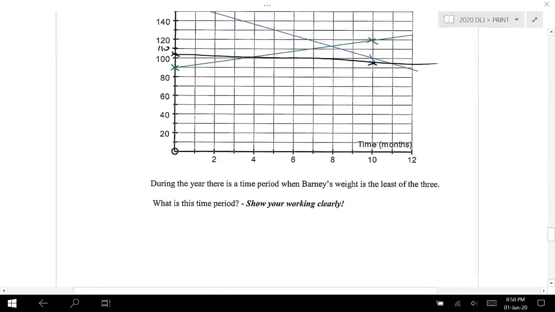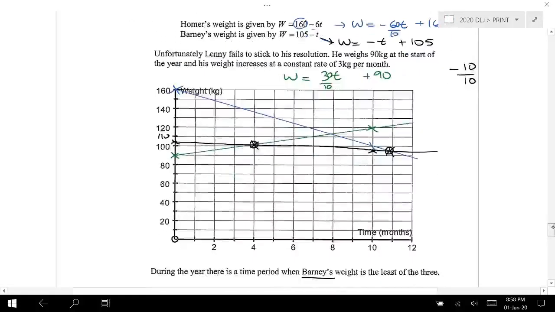During the year, there's a period where Barney's weight is the least of the three. What time period is this? So that will be between these two intersection points. We can find that by setting green equal to black to find our first point.